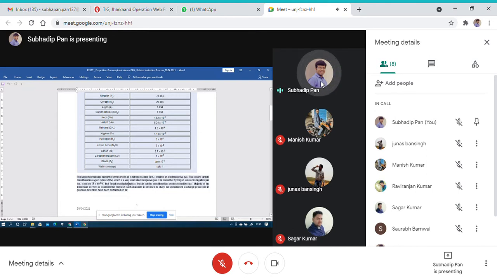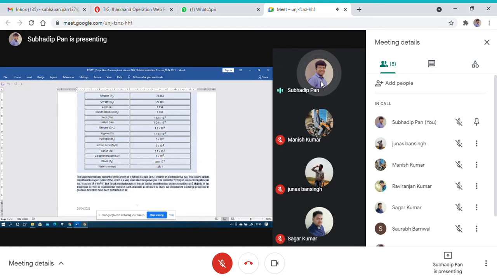So for all practical purposes, air can be considered an electropositive gas. The complete air will be considered an electropositive dielectric. Inside the air various gases are available, and which gas is used as a dielectric depends upon whether the gas is electropositive or electronegative. These gases have different properties.